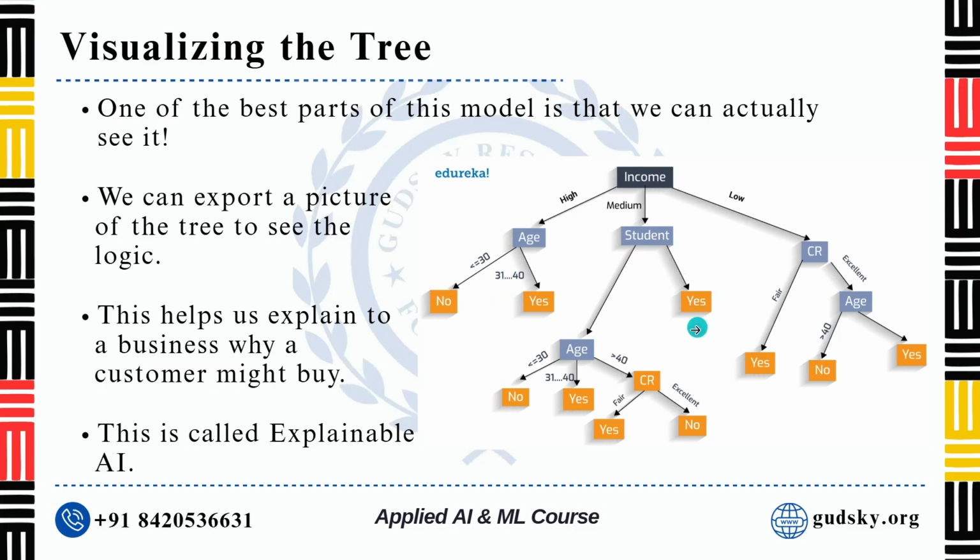And if the student is yes or no, then is his or her age less than 30, in the range of 31 to 40, or greater than 40, then CR, fair or excellent, like that. This is an example. Before doing the coding part for this section, let's check the next one also.